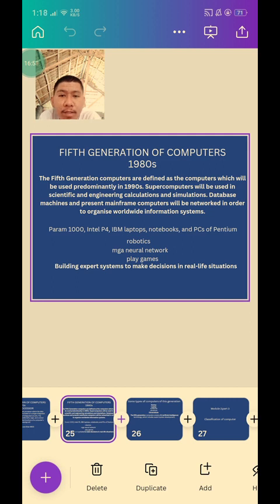Examples: Param 1000, Intel P4, IBM laptops, notebooks, and PCs, or Pentium robotics. Mga neural networks, play games, building expert systems to make decisions in real life situations.